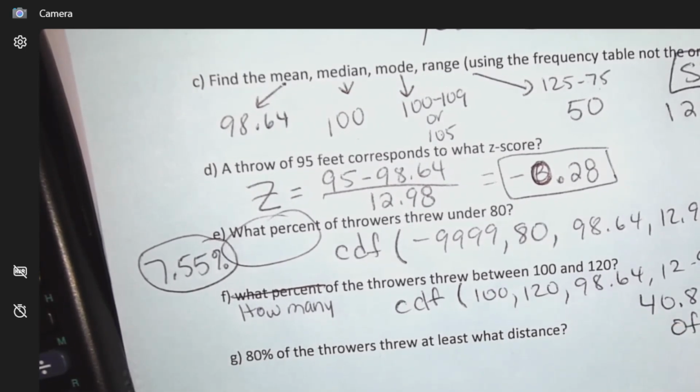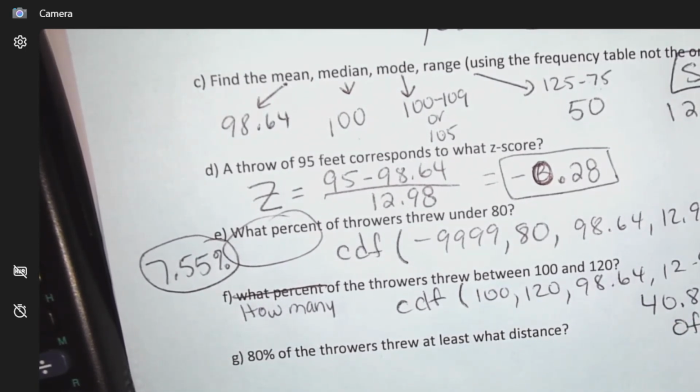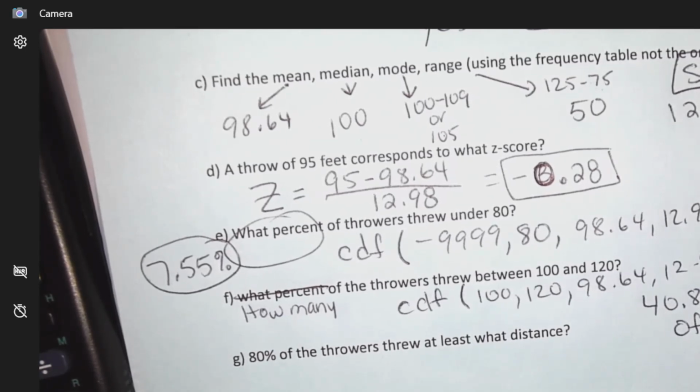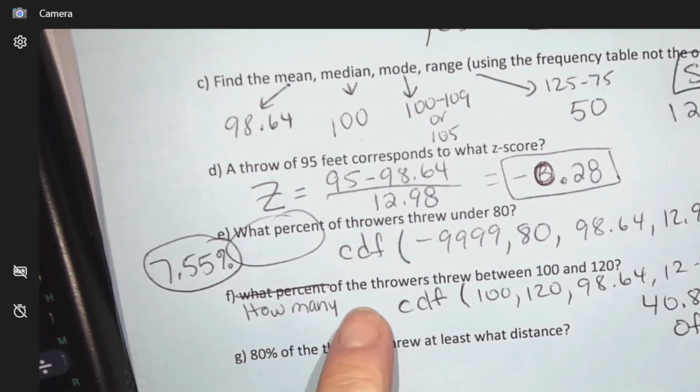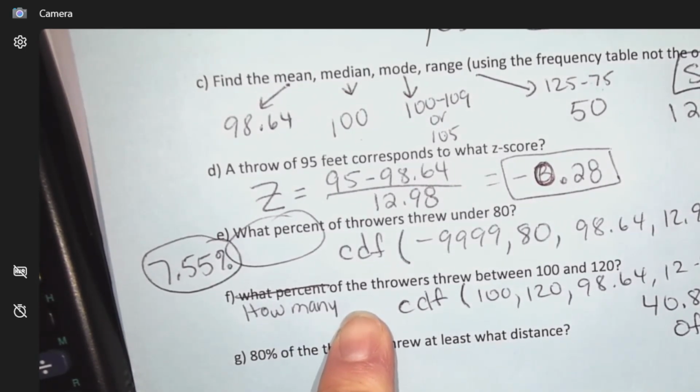This percent times the whole 22 people means that there were about 9 throwers in that zone. Does that make sense? I'm not asking you what percent, but you're going to have to get the percent to get the answer.